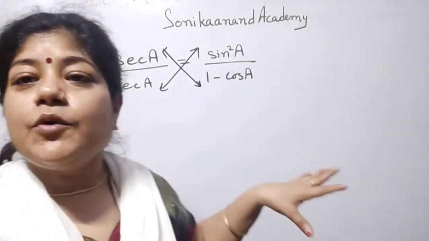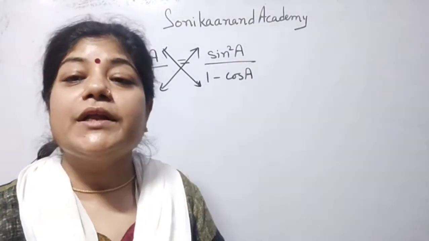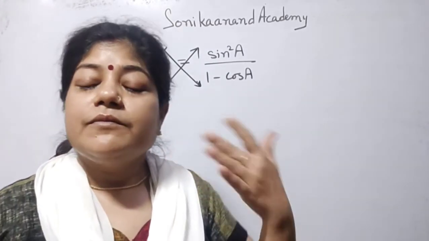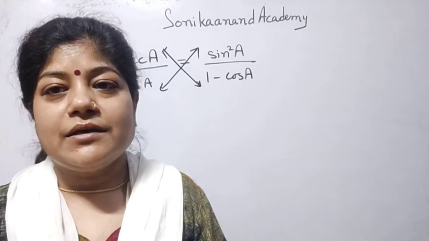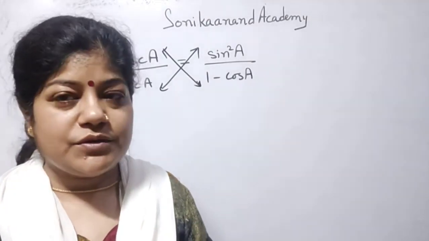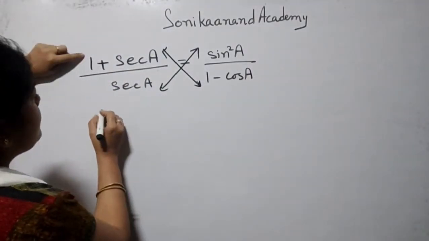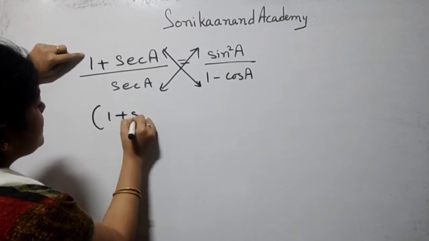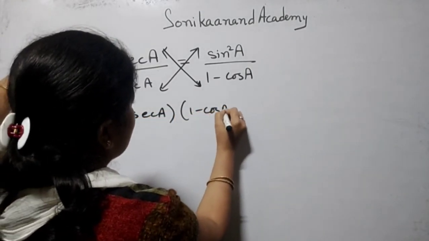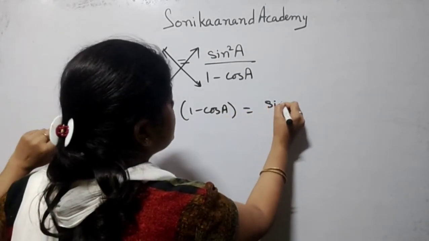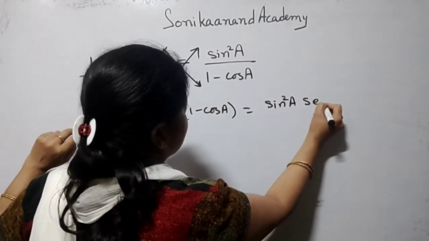In this question I am not going to tell you to convert into sine and cos, because in converting to sine and cos you are damn sure to get the result, but sometimes it is a lengthy process. So when we multiply, we get 1 plus sec a into 1 minus cos a, and here we get sine square a and sec a.